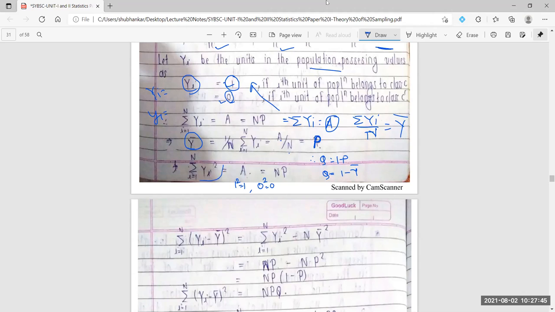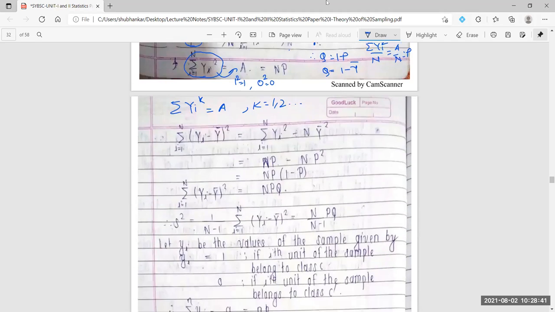So summation yi square also represents the number of individuals in the population belonging to the class C. So summation yi square is equal to a also, and summation yi square divided by n is also equal to a by n, that is equal to P. So any power, yi raised to k, is also equal to a, for k equal to 1, 2, and so on up to infinity, any value. Okay, because yi takes only the values 1 and 0, so 1 raised to k is 1, 0 raised to k is 0.